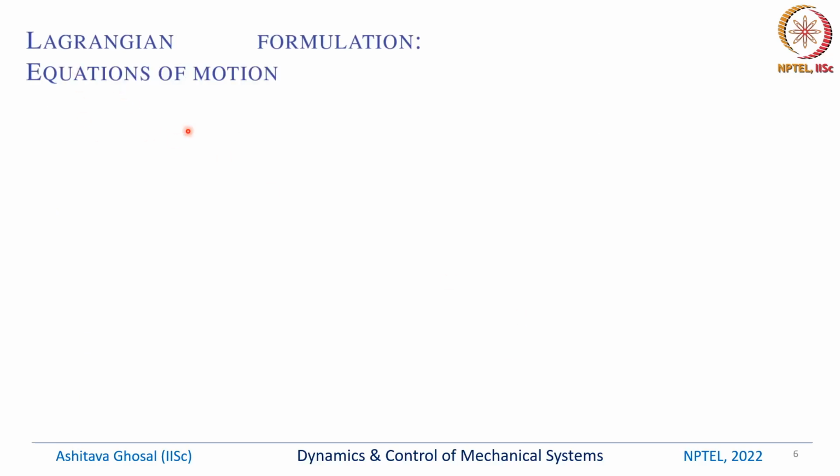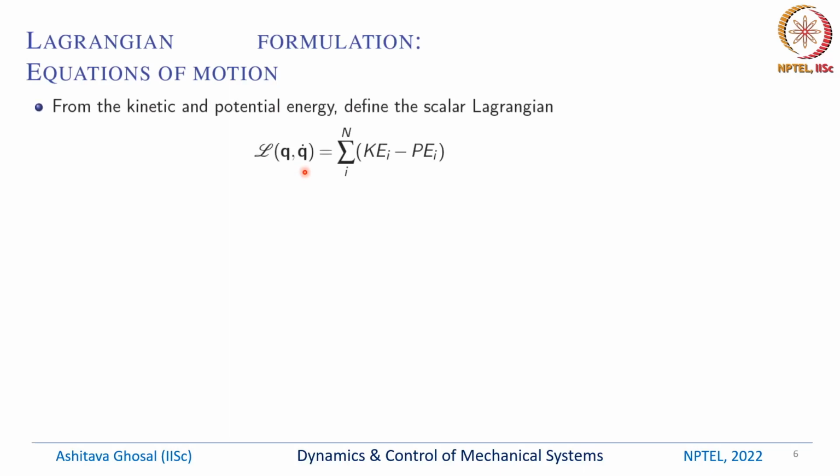So once we have the kinetic and potential energy, we define a scalar quantity called the Lagrangian. Okay, so this is the symbol for Lagrangian, this L. It will be a function of q and q dot. So q's are the joint variables or any other generalized coordinates which you use to describe this serial or parallel chain. q dots are the derivatives of the generalized coordinates.